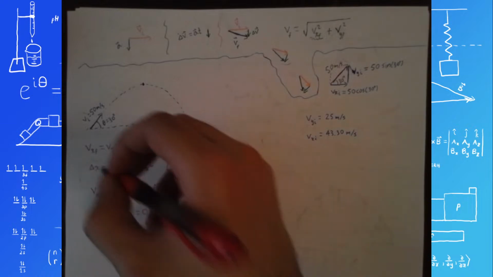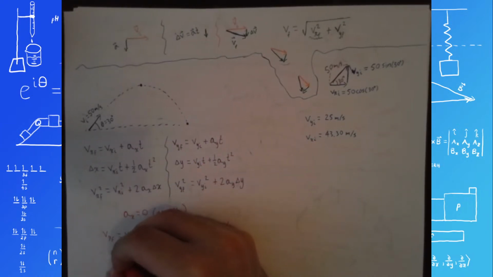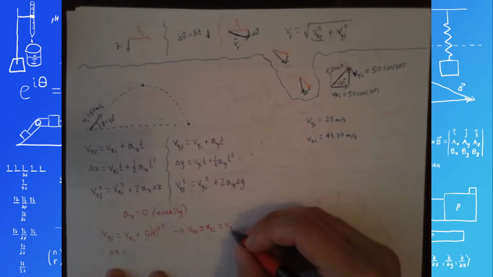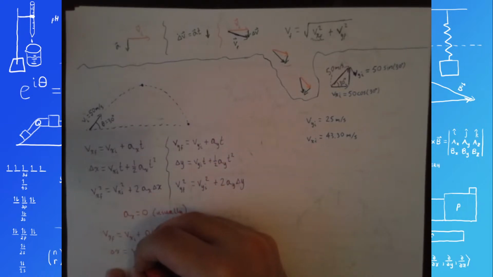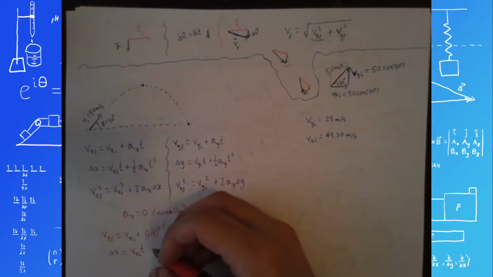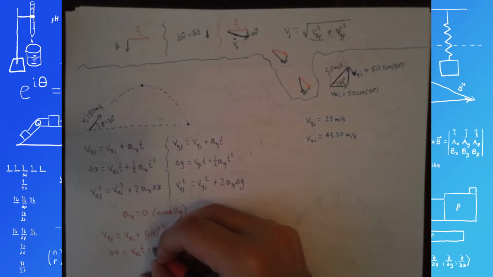The second equation, we won't throw it out, but we will simplify it. Delta x equals Vx initial times t. Well, now we're just calling it Vx. We don't even need the initial anymore. But I'll write it here for the first time, just for the sake of showing what I'm copying from.